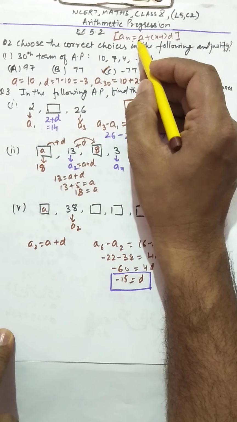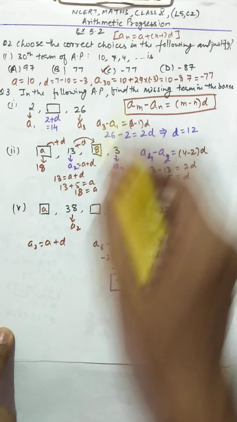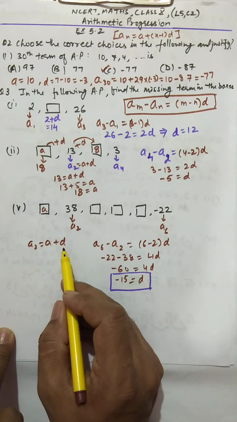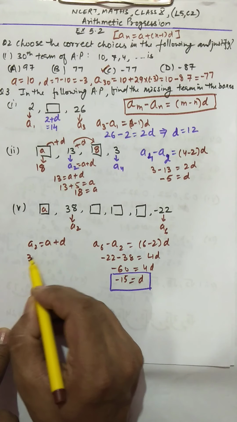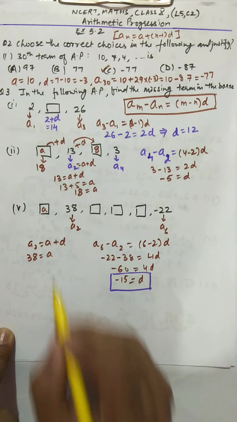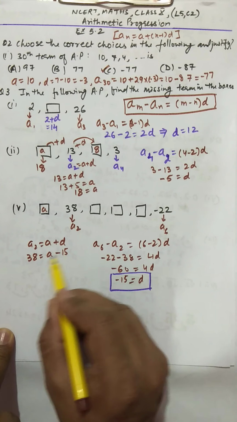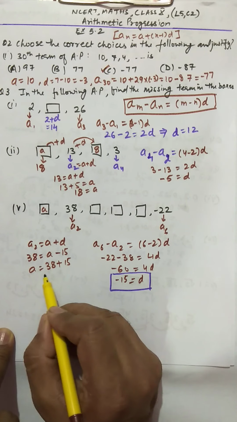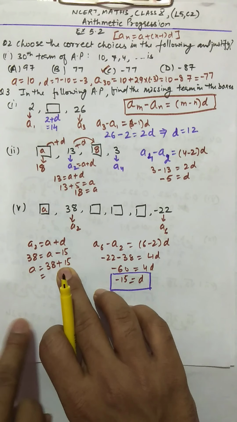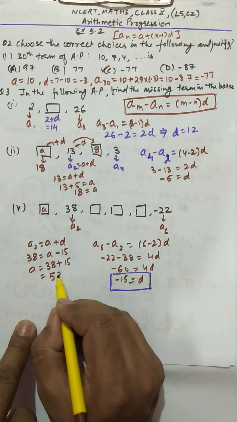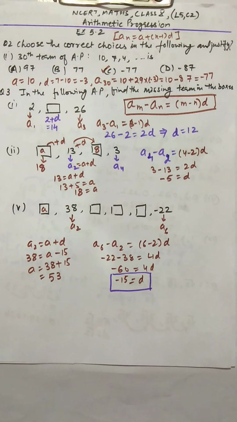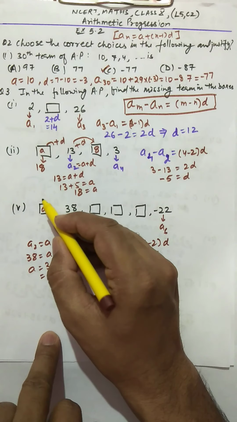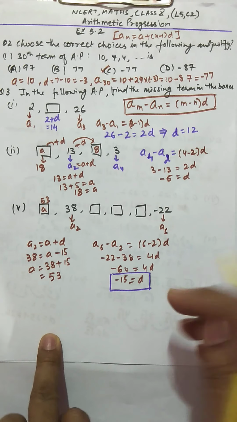So A2 will be A plus (2 minus 1) D. This way also you get A plus D. So A2 is 38. A you don't know, but D you have got as minus 15. You put this minus 15. So A will be 38 plus 15, so that is going to be 53.